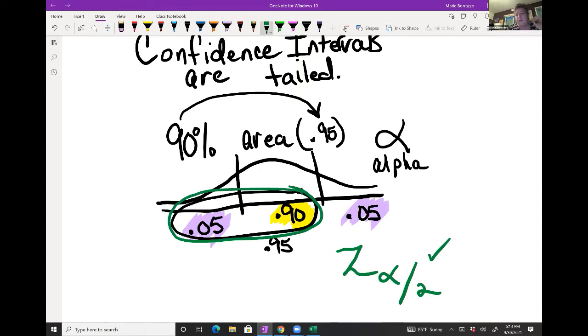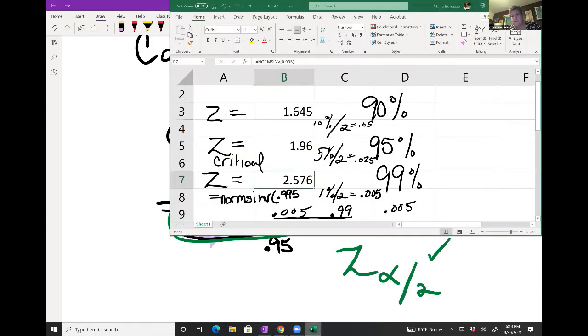It's 0.95 for this example. And I showed you on the previous slide with Excel, these 3 values, which are crucial for you to know because they're not going to change. Even when we get into hypothesis testing, that's not going to change in the two-tail.